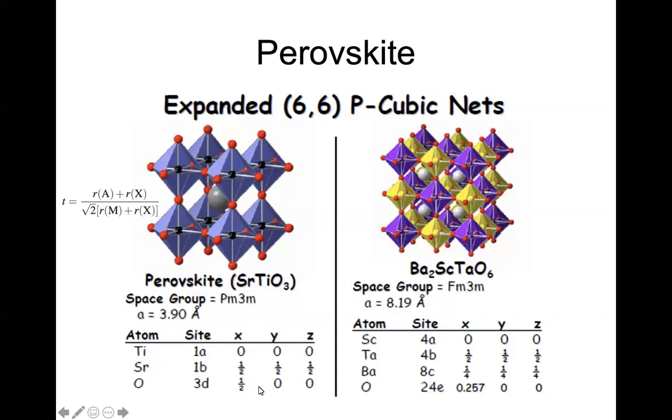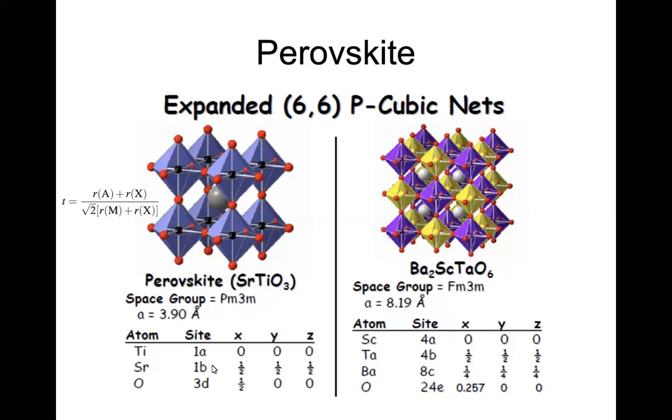Oxygen is half 0 0. So 0 0 0 here, half, okay, and 0 means y direction 0, z direction 0. So this one. We are giving only one position here, but you can see the symmetry element PM3M will make all other oxygens because of the symmetry operations. We will see that later.